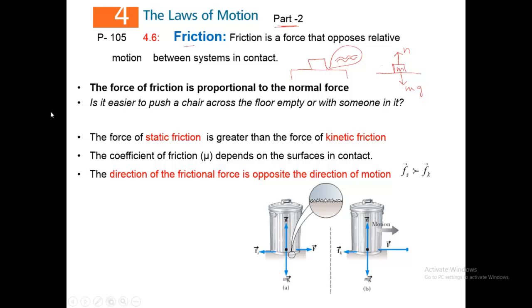Of course, you can think about it: is it easier to push a chair across the floor empty, or with someone in it? If you have an empty chair and you push it, and then if some person is sitting on it and you again try to push it, you will find it a bit difficult.